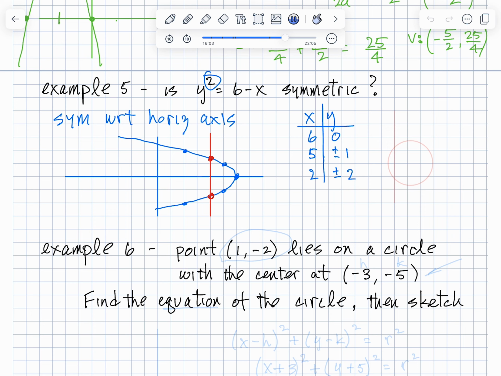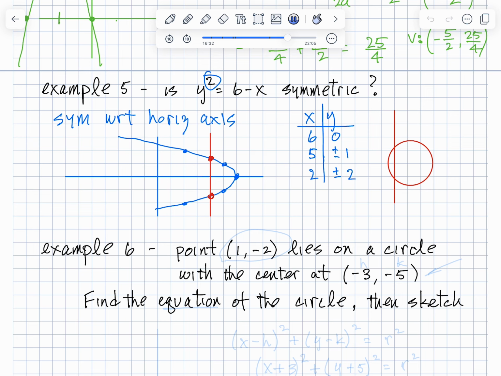Now, we're going to be dealing with quite a few problems that aren't functions, so just because it's not a function doesn't mean it's not useful. A lot of things are not functions. Good examples are circles. A circle is not a function because it will not pass a vertical line test.